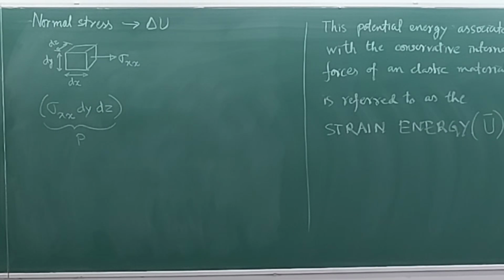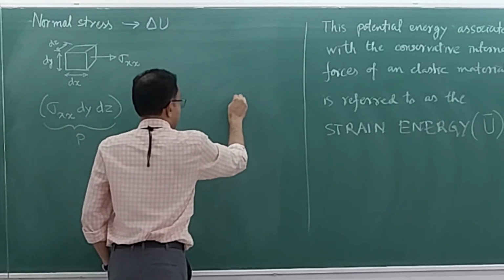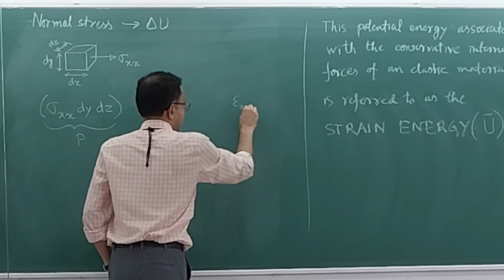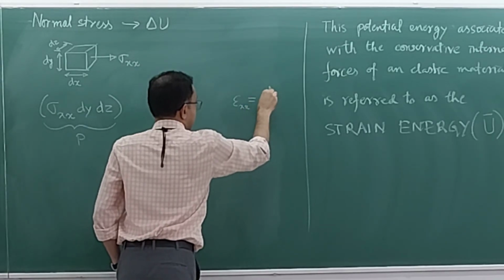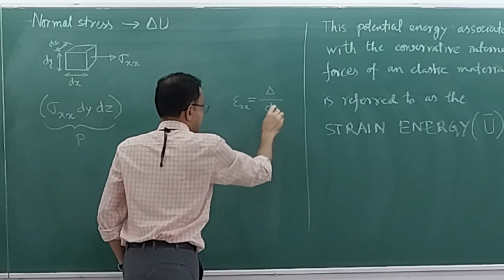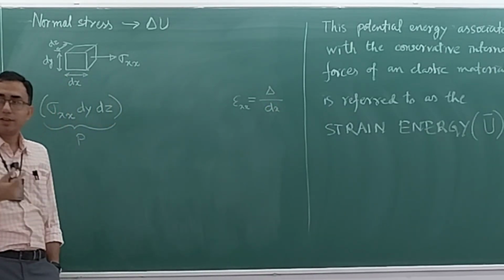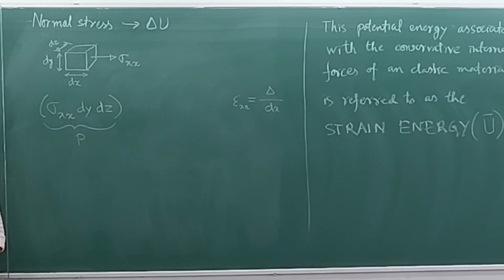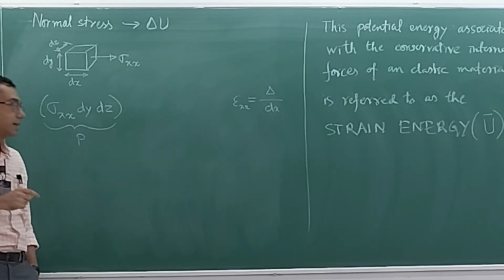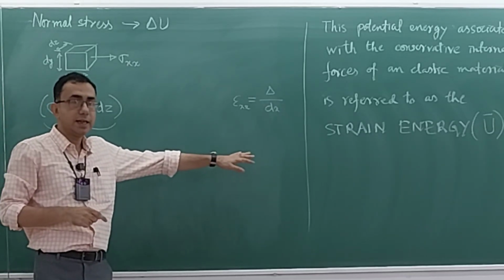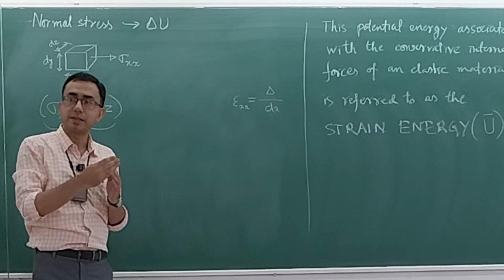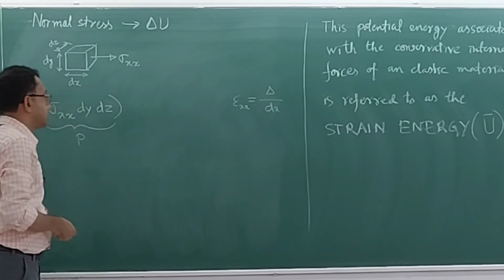Yes, it is epsilon xx dx. Epsilon xx is equal to delta divided by dx, because here dx, even though it's an infinitesimal length, is the original length. Over that there is a small delta. It is as if the original length was dx, and it has now become dx plus delta.